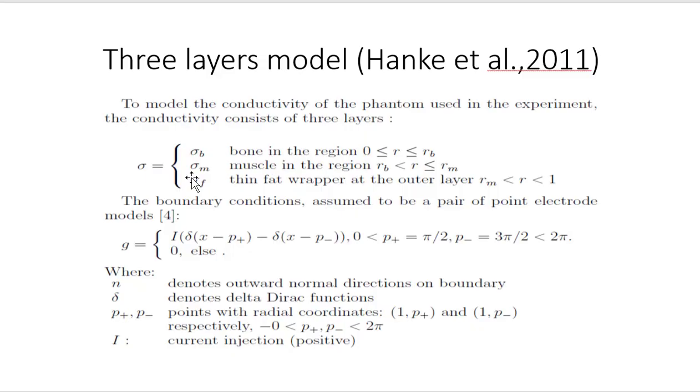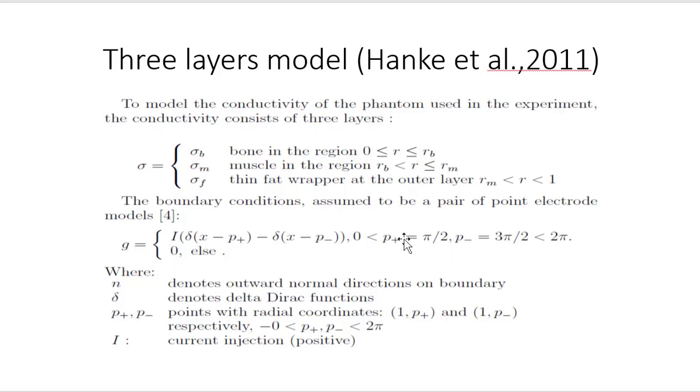Now, the injected current to the object is written in the following form, which is what is called the point electrode model, proposed by Hanke et al. in 2011.